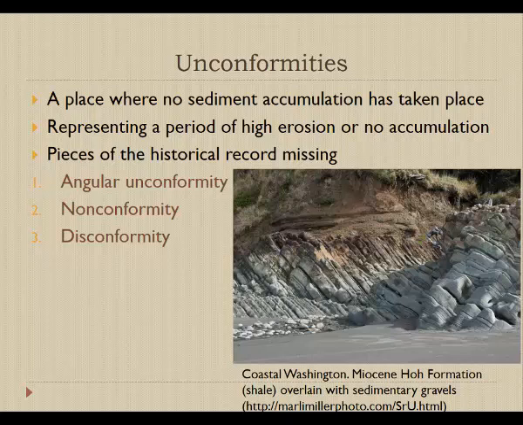It's not as if this whole landscape was all of a sudden turned on its side overnight and then started accumulating sediment on top of it. Something happened in between, and in this case, it doesn't seem like there's a record of material that was accumulated during that period. So we would call this point of contact between the lower layers and the upper layers an unconformity.